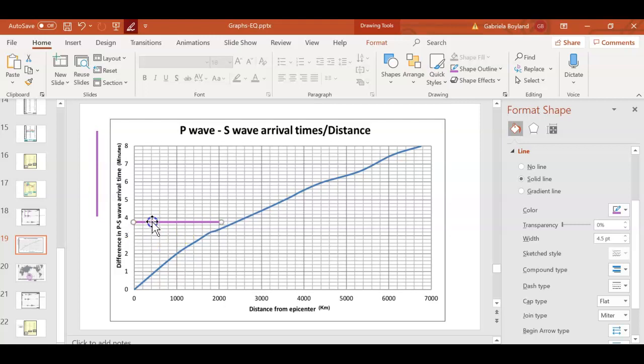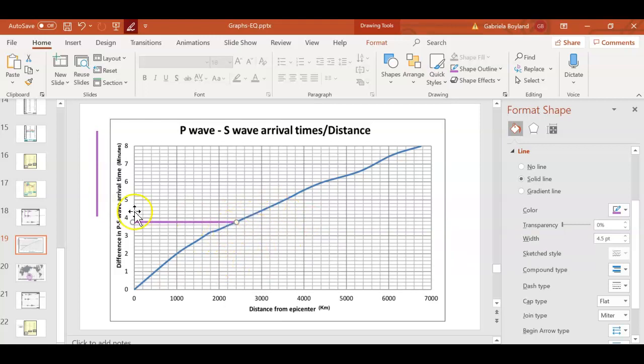This is 3 minutes, this is 4 minutes. Each of these lines is an increment of 0.2 minutes. So if I go 1, 2, 3, and 4, that's 0.8 minutes. I want 3.8 minutes, so I draw it all the way up to the curve.